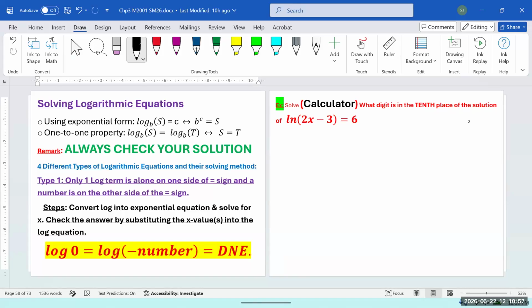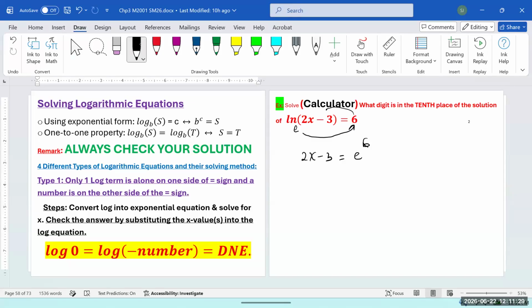In order to solve this type of question, we're going to use the first form, convert log into exponential. So just like the example we did, you have two choices. Either apply e as a base on both sides, or assume that we have an invisible e here. So you are going to convert this logarithmic form into exponential form.